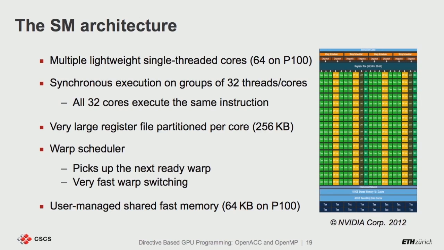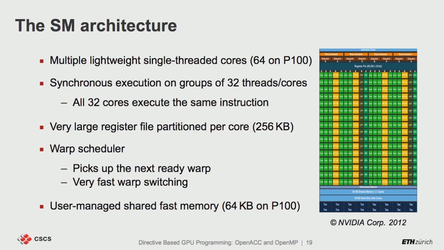Each of those cores is very, very simple. It doesn't have any of the heavyweight logic of branch prediction, out-of-order execution, and that stuff that normal CPUs have, and they use lots of energy for that. They're simple, lightweight cores. What is key here is that those cores are not independent of each other.